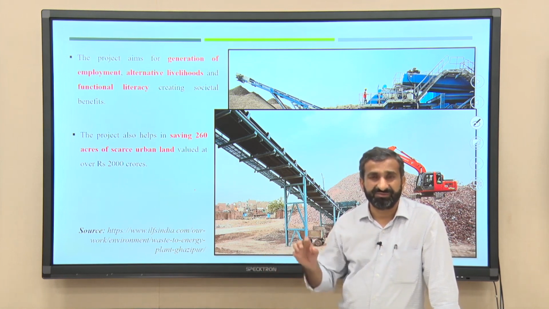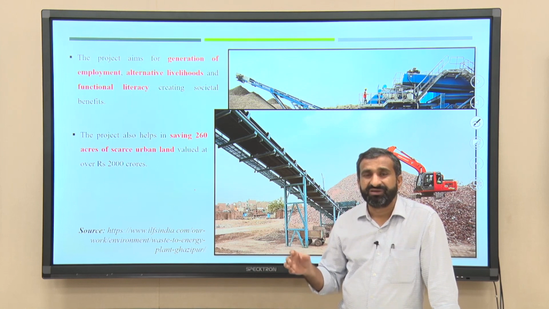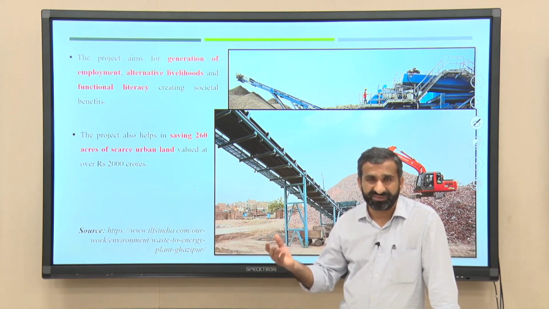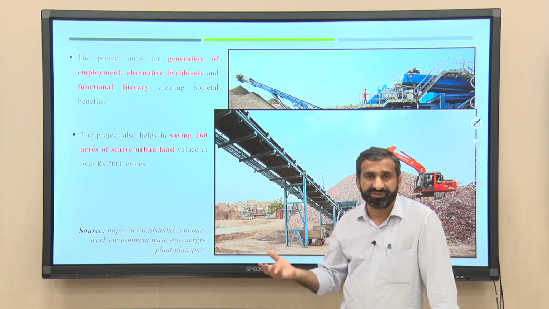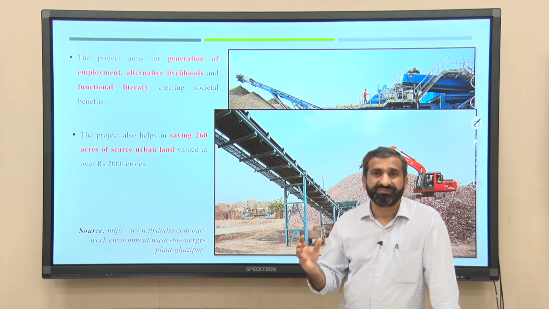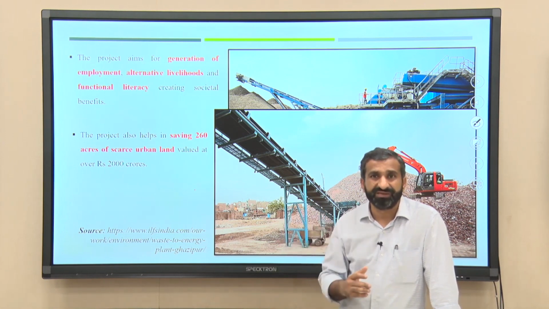What is important now is how best we are able to reduce the volume of waste, and incineration or combustion is the best process, where 90 to 95% of volume could be reduced.